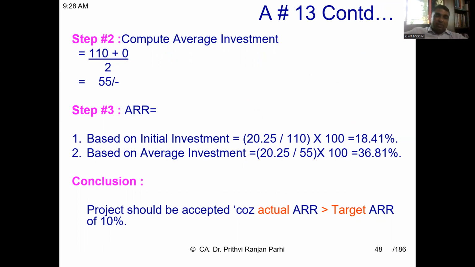Or if you follow the average investment method, then 20.25 divided by 55. So it may be 18.41% or 36.81%. This is how ARR is computed. If it is more than the target rate of return, projects can be accepted.